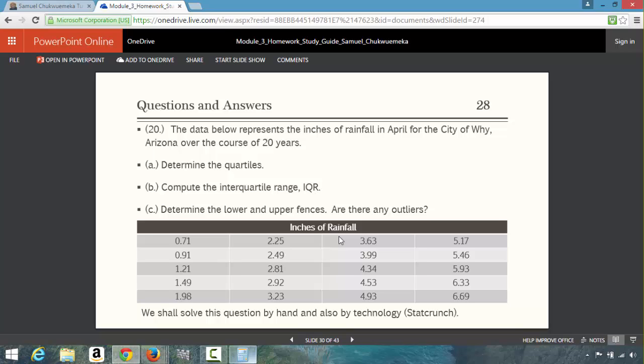If you divide 100 by 4, it gives you 25. So the lower quartile is the 25th percentile.